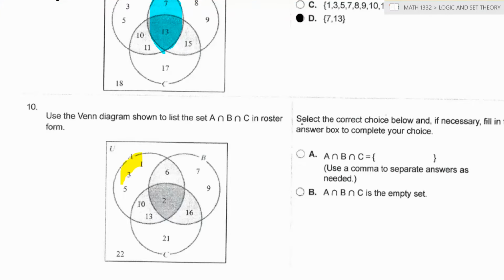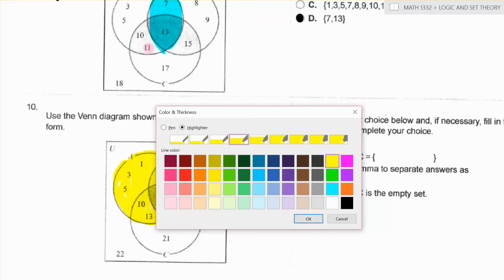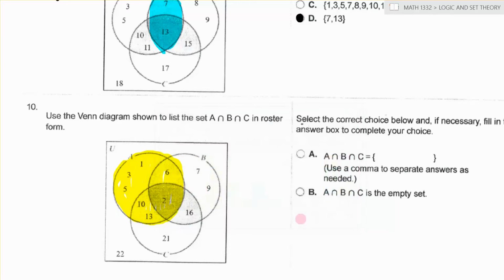If A is yellow, and B is pink, now it's a little bit hard to tell, but right now the overlap for intersecting A and B is right here.